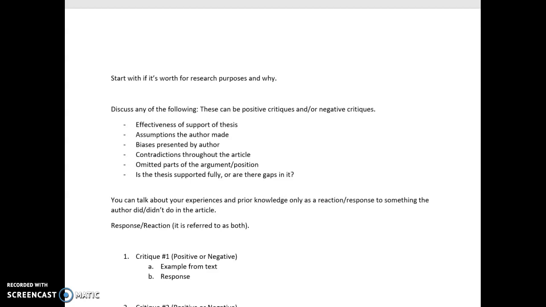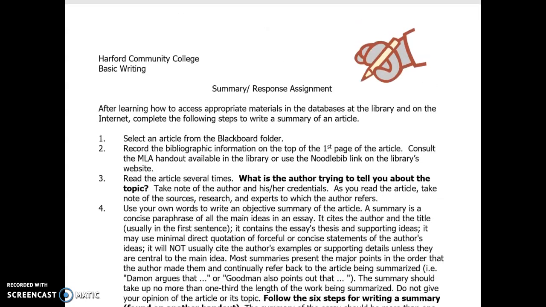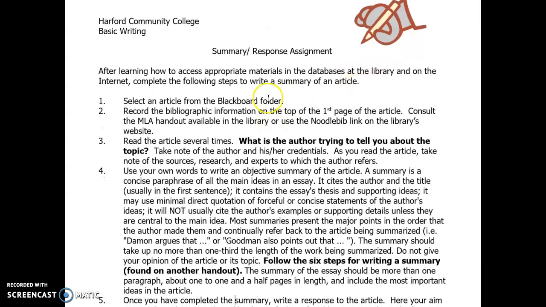Okay. So for your response, which is going to be a paragraph or 2 or 3 depending on how you set it up, you're going to start with telling me if it's worthy for research purposes and why. Remember whenever we first started this and we looked at number 3, as you read the article, take note of sources, research, and experts.